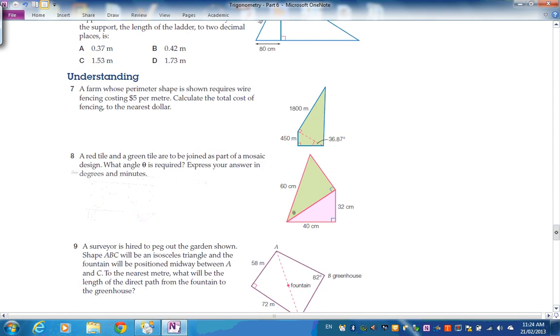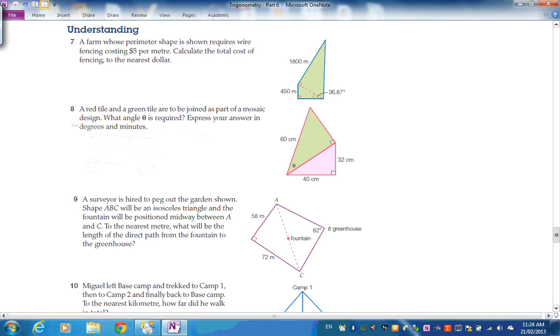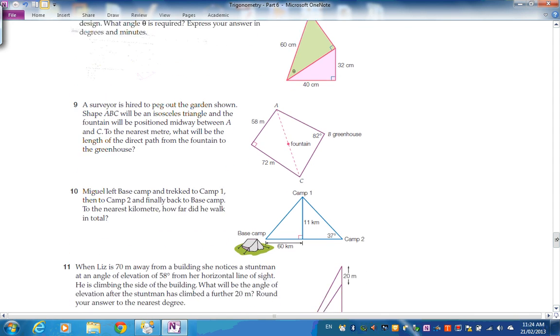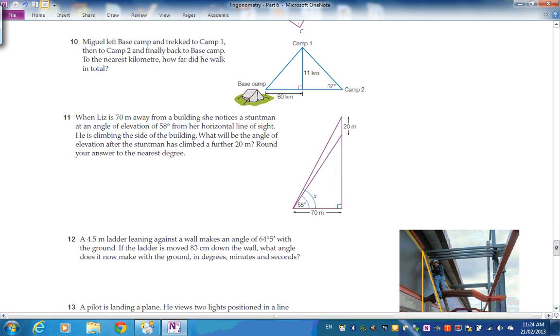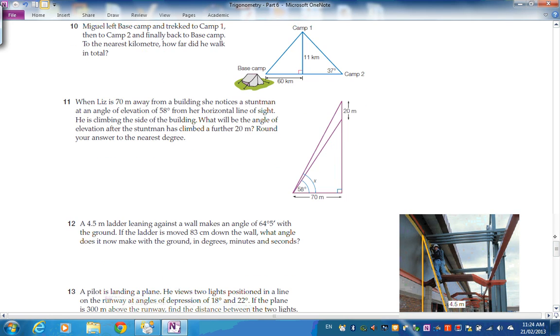The understanding questions, a bit more complicated, start at questions 7 through 9 there. Same idea. You'll pop in one triangle, find something, use it as a go-between in the next one. And there's plenty of problems if you've got time to do these. Come down to 10 here. So an interesting camping problem here.